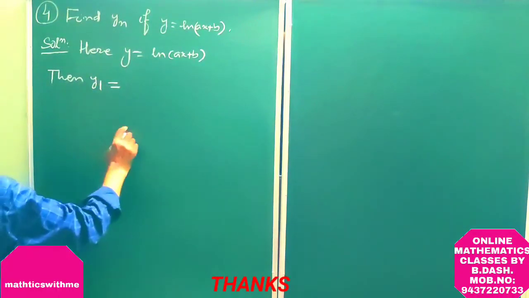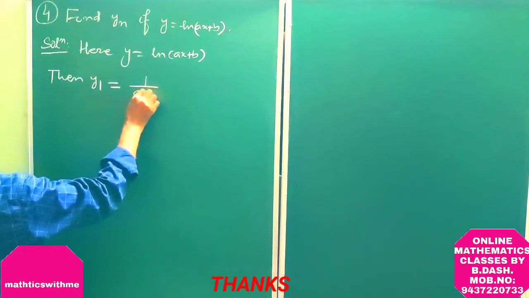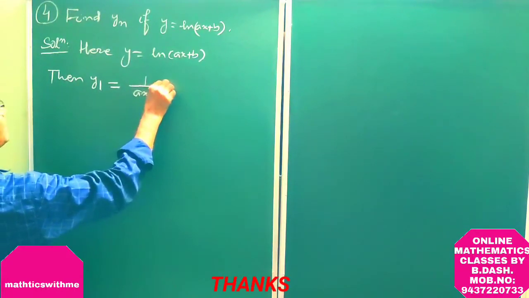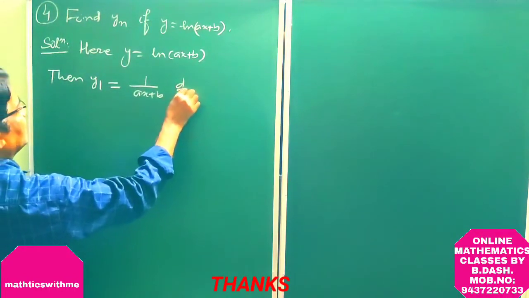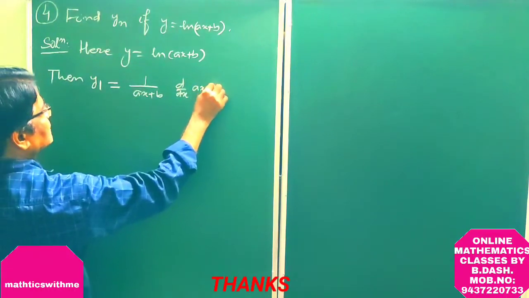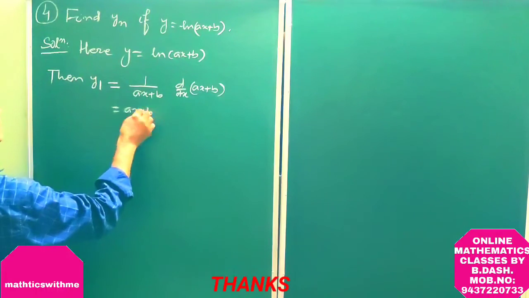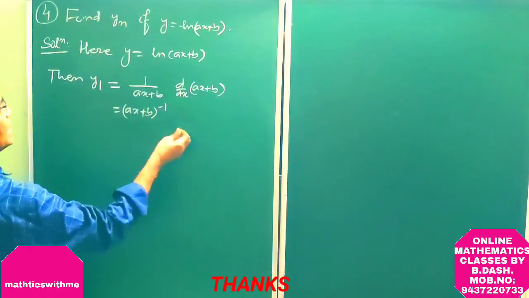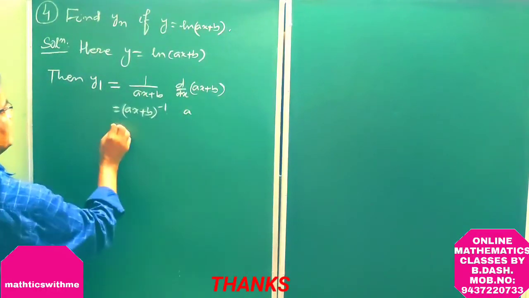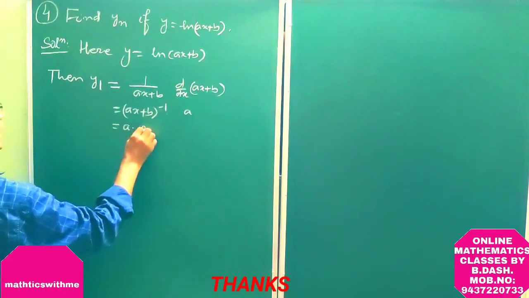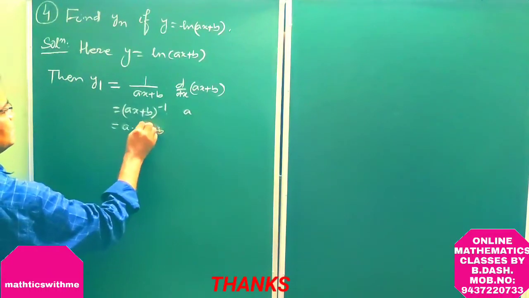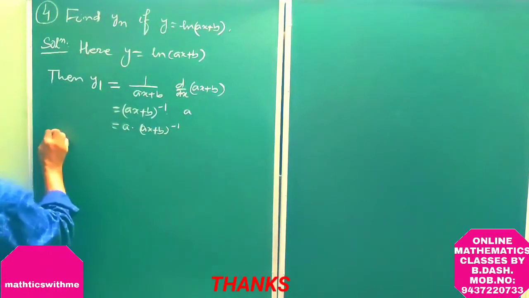Then y1 is equal to 1 by (ax + b) times the derivative of ax + b, which is a. So this is equal to a (ax + b)^(-1).